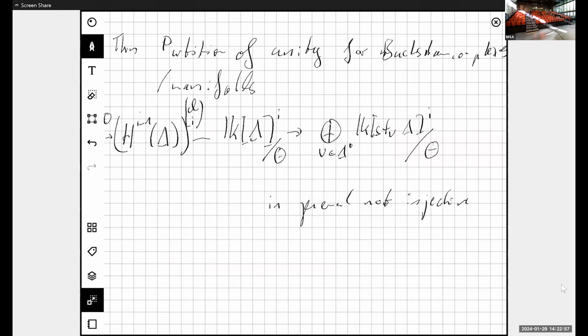And this explains more generally what happens in Cohen-Macaulay complexes, because in a Cohen-Macaulay complex, this part here vanishes. So I just have injectivity except for the top degree. In particular, this strengthens the partition of unity for Cohen-Macaulay complexes.